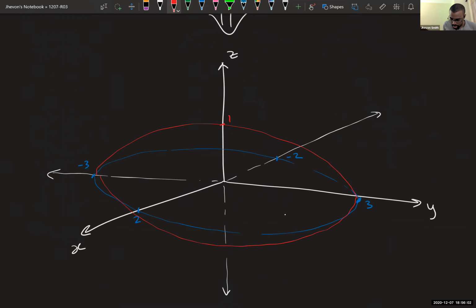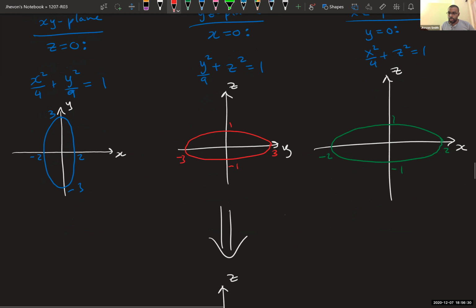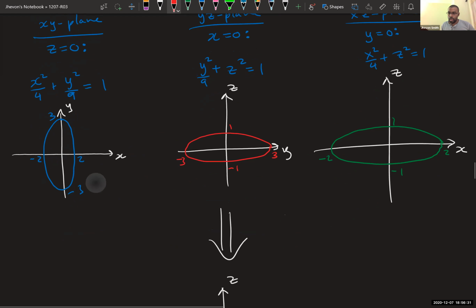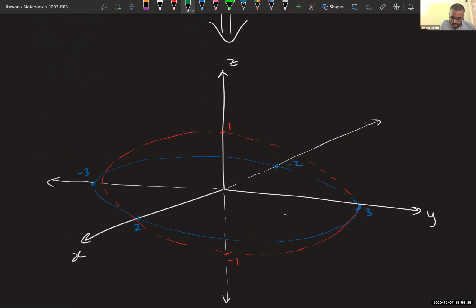It hits 1 on the Z and minus 1 on the Z. And then I look at the other one. It's again an ellipse in the XZ. So that one is green. No, it passes through that too.